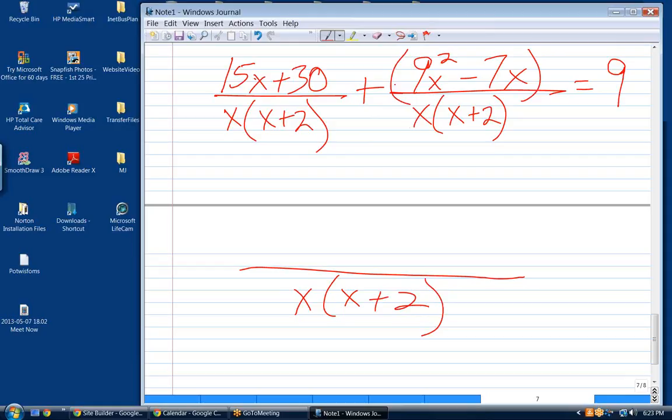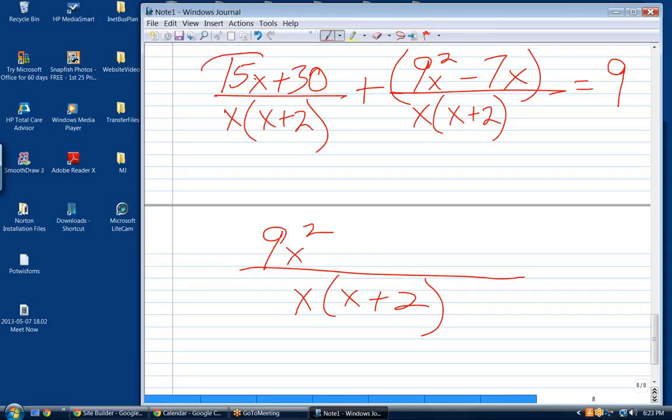And I put parentheses around that because it's important when I'm operating on the numerator that I use parentheses there. So in the numerator, how many total x squareds do we have? 9. How many x's do we have? Negative 7.